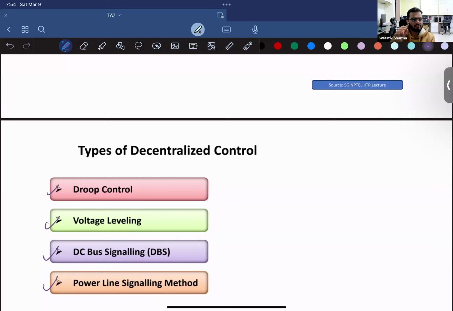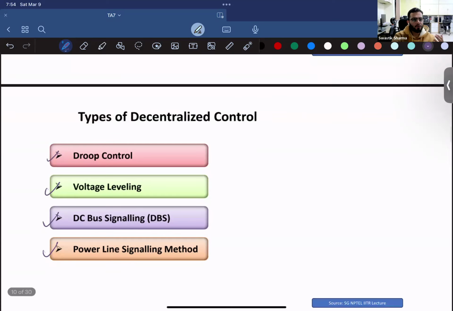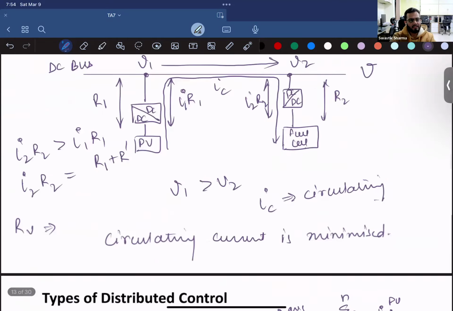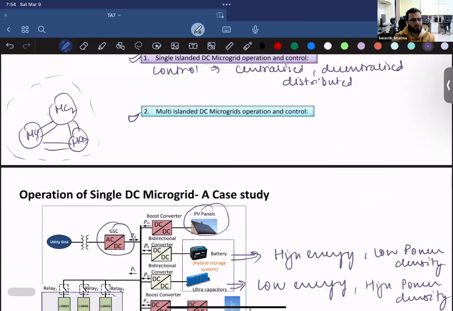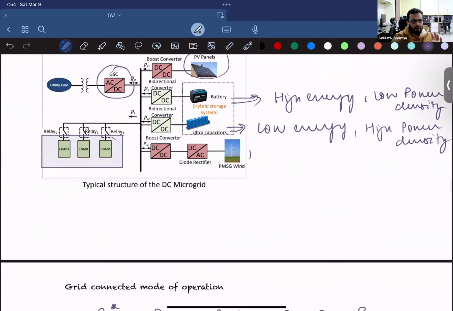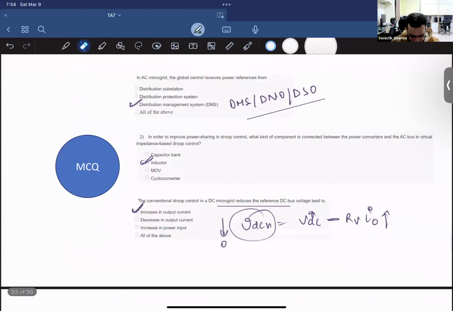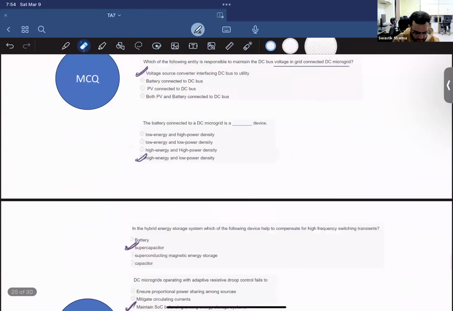In DC bus signaling, you disturb the bus in such a way that you check through sensors what is the output of all the different hardware connected to it, and from that you control that hardware based on whatever information is available to you, and based on this you control your individual operators differently so that all of them can be used to maintain the voltage level at the main DC bus. So that is DC bus signaling. That is the correct answer.